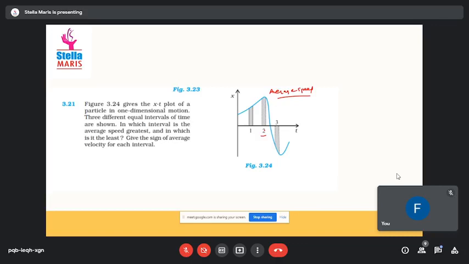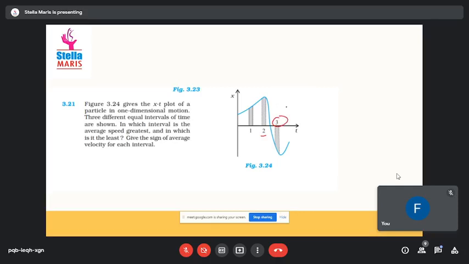Nitish, you can also try. Do you have any different answer than Soumya? Okay. See, the greatest should be the third interval.